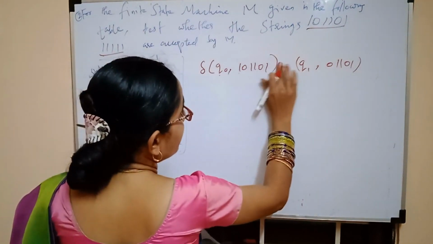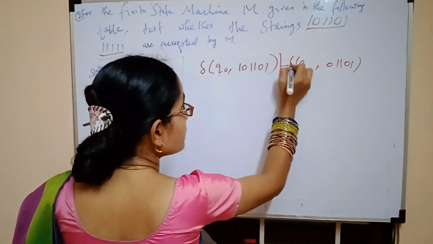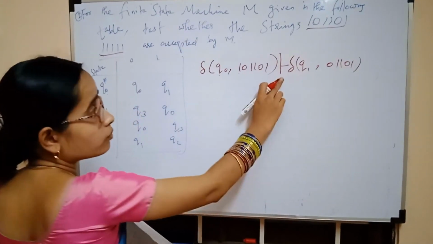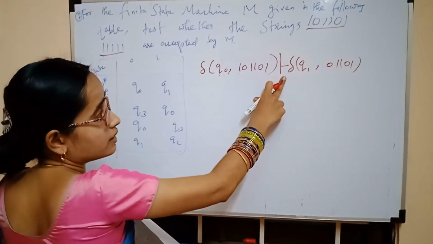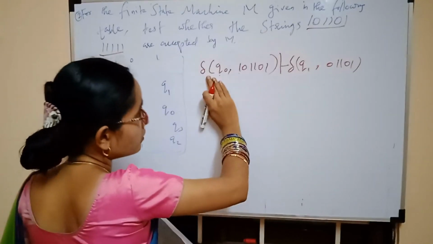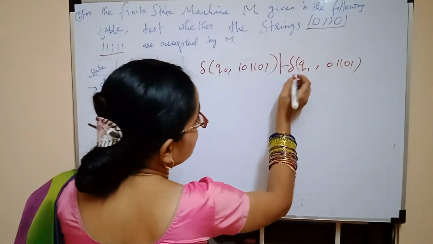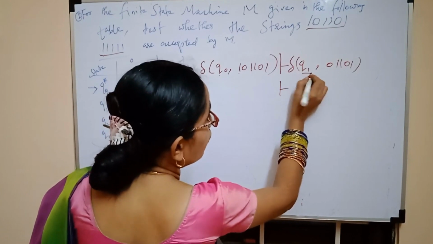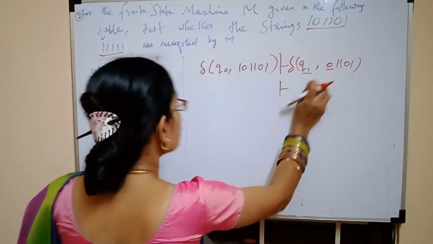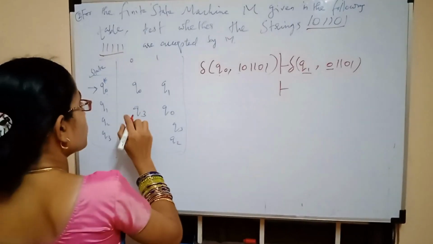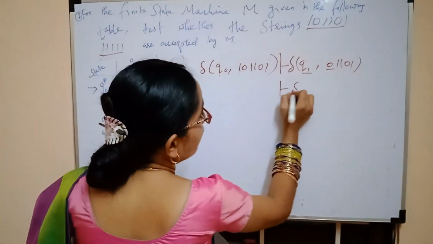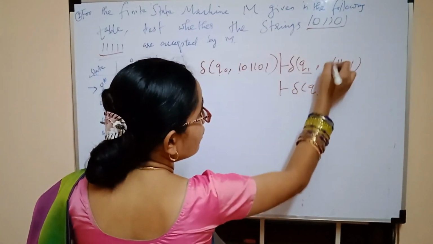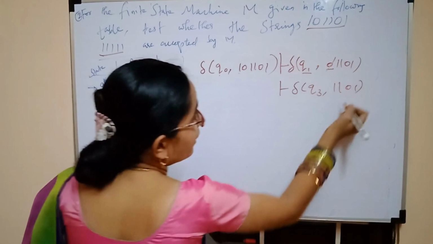We use this symbol to denote a transition from this state to this state. Next, delta of q1 comma 0: on being in state q1, upon seeing the symbol 0, it goes to q3, right? So I will make it q3, remove this symbol and write the remaining symbols.